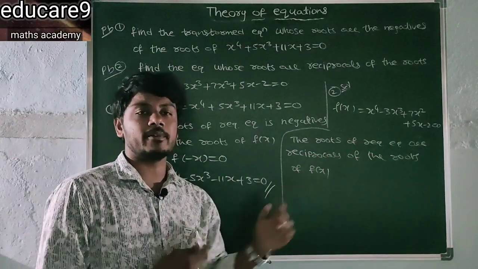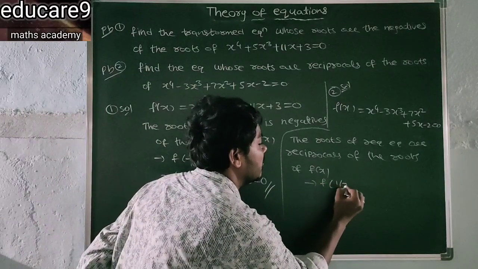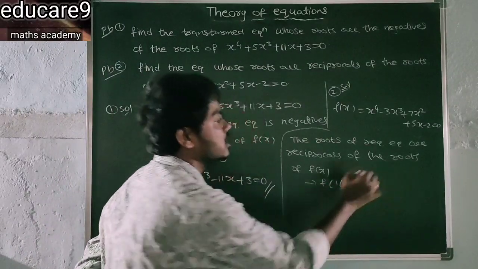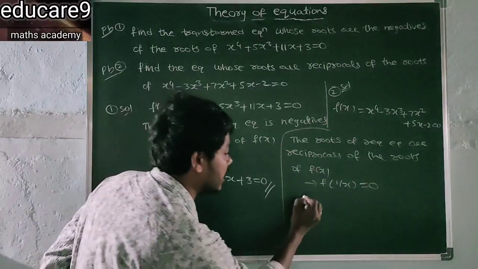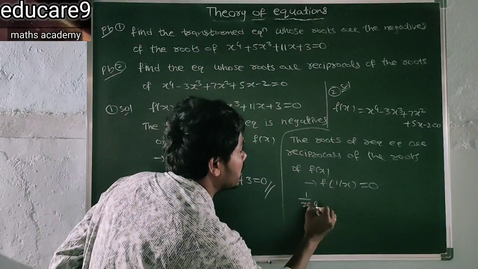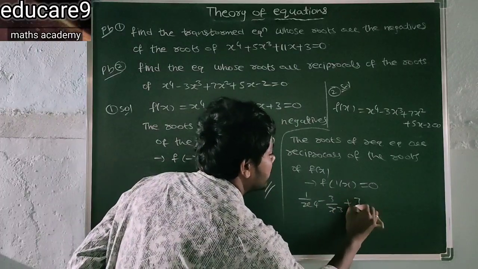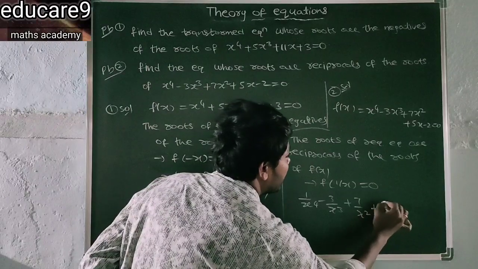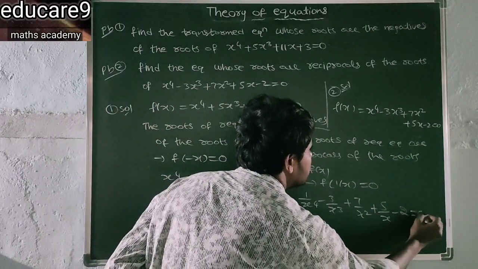Reciprocal of the roots of f(x). So therefore in that case f(1/x) is equal to 0. So replace x by 1/x here. So what you get? 1/x^4 - 3/x^3 + 7/x^2 + 5/x - 2 is equal to 0.